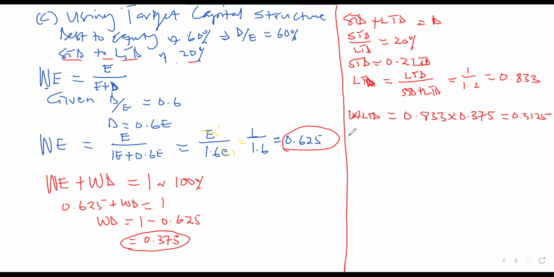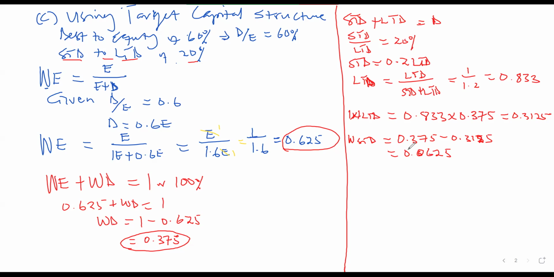Okay, so then the weight of short-term debt should be equal to 0.375 minus 0.3125. And that should give us 0.0625. I don't know where we are getting the 5 from.